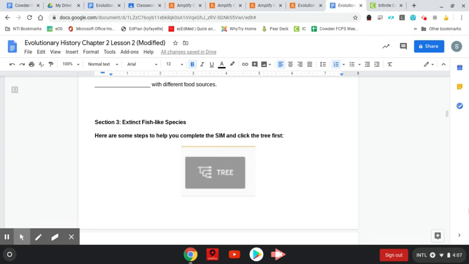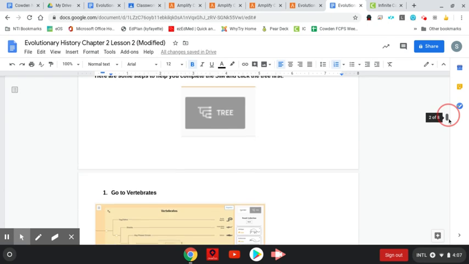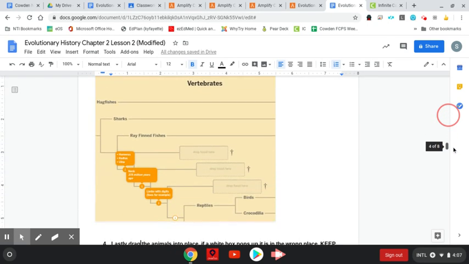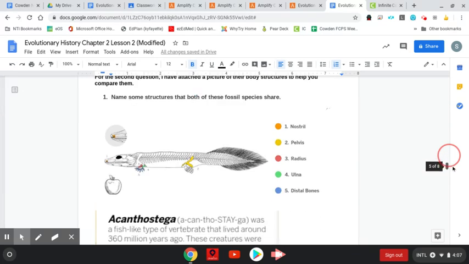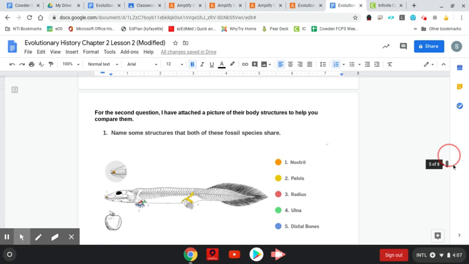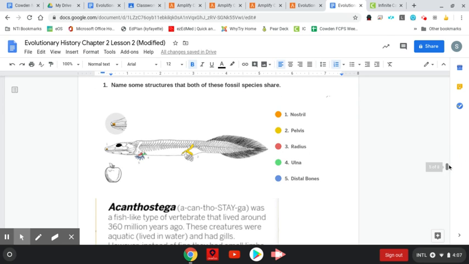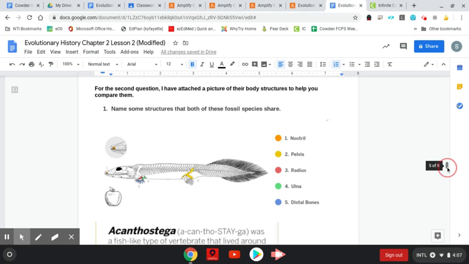I have also attached these questions in that document. If you scroll down through the directions, right here, I have blown up or made it bigger so you can read the 3 different species that she wants you to look at. You can delete the one that you're not using because you're going to have to use 2 of them. So you're going to name some structures that both of these species share.